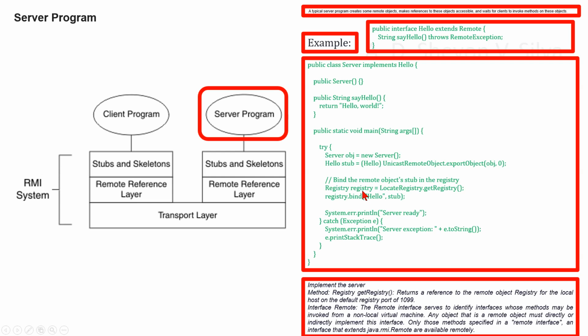The bind method is then invoked on the registry stub in order to bind the remote object stub to the name Hello in the registry.